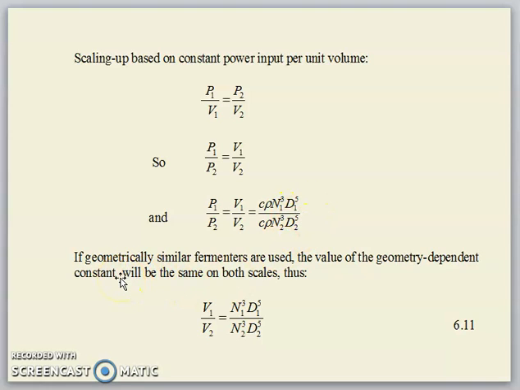If geometrically similar fermenters are used, the value of the geometry dependent constant will be the same for both scales. Thus, it will give you V1 over V2 equals N power of 3 D power of 5 for the first fermenter over N power of 3 D power of 5 for the second fermenter.